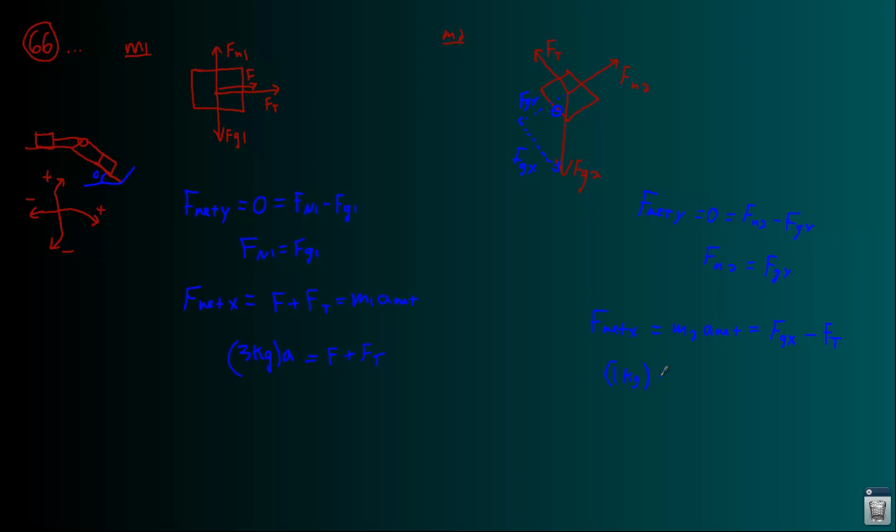Might as well not even write it, but just to make it as clear as possible. And Fgx is going to be Fg sine of theta. And so Fg is m2, which is 1 kilogram, times g, 9.8 meters per second squared, times sine of the angle, which is 30 degrees, minus Ft.